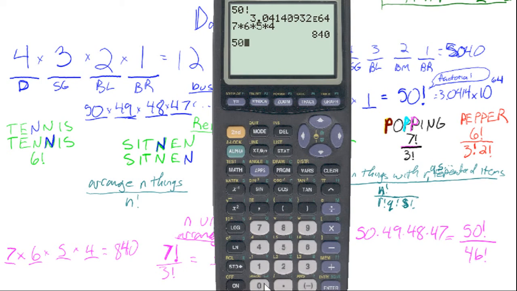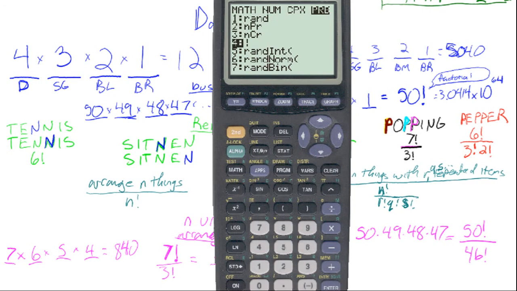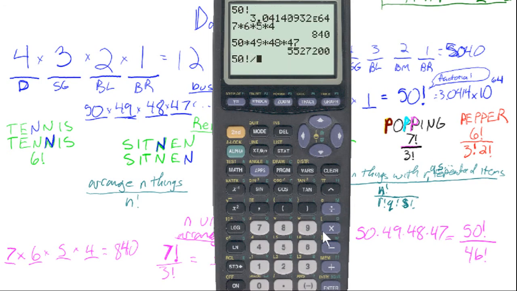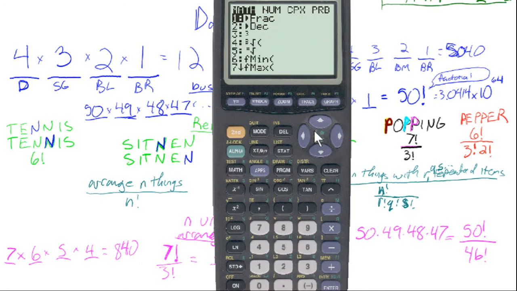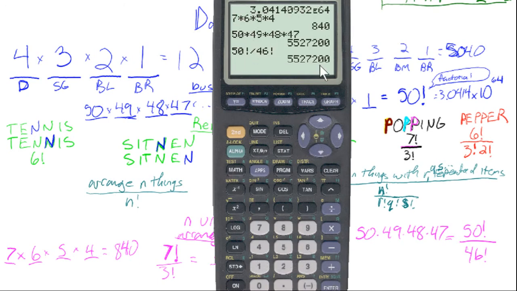So let's do 50 times 49 times 48 times 47. Okay, that's the number we get. Let's do it the other way. Let's do 50, and we'll go over here and get our factorial. And we'll divide that by 46 factorial. Exactly the same thing, right?